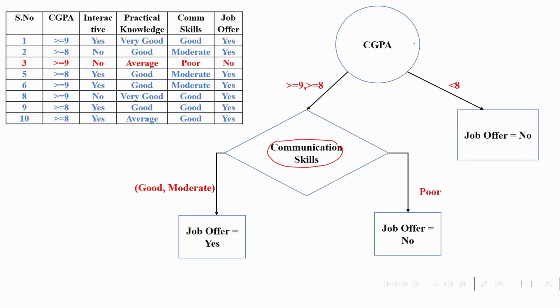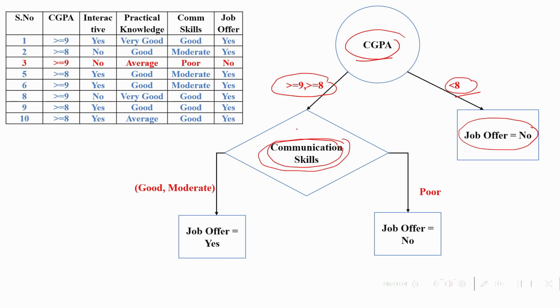So here CGPA is divided into two parts: greater than or equal to 8 is one subset, and less than 8 is another subset. If the CGPA is less than 8, all belong to the no class only. If the CGPA is greater than or equal to 8, then we check the other condition, that is communication skills.